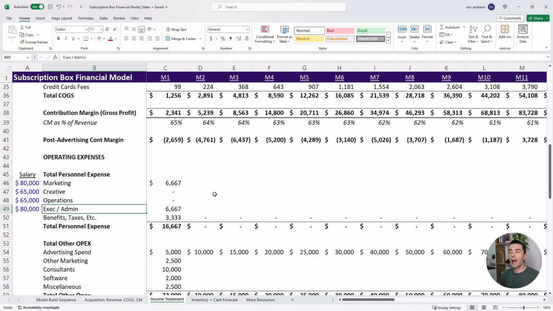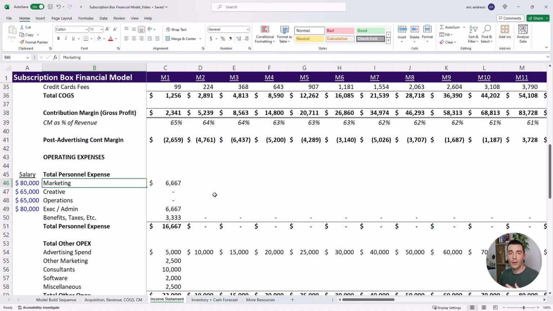It depends how many people you have in-house and how many you have as consultants. A lot of subscription box businesses, in the beginning phase when they're scaling, don't have an engineering team in-house; they outsource everything, but they usually have their marketing and creative people in-house. So use this as a template.